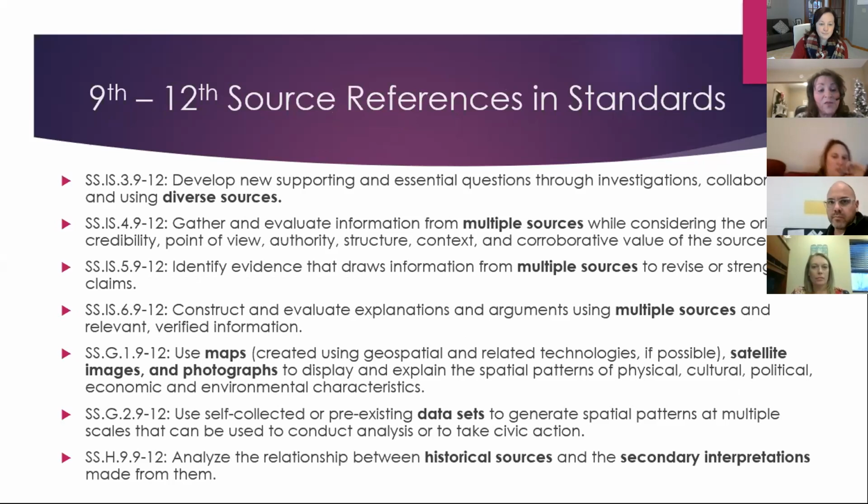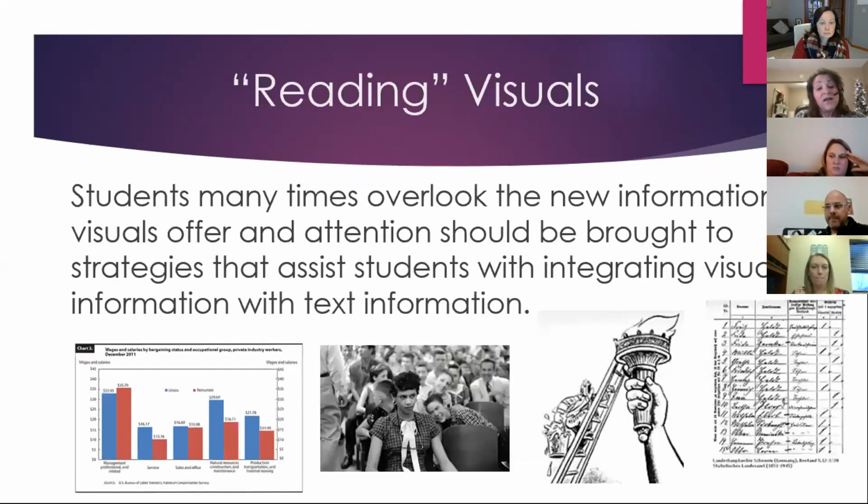And the 5th bullet point down even lists some specific things in it as well as data sets on the next one, and so on and so forth. So having kids look at a wide variety of sources is part of our standards.